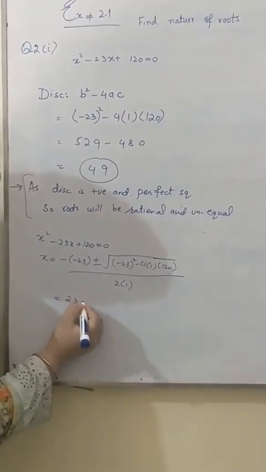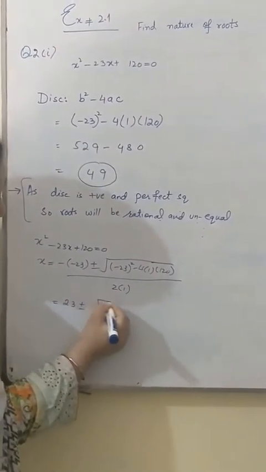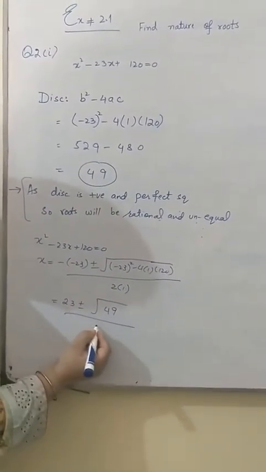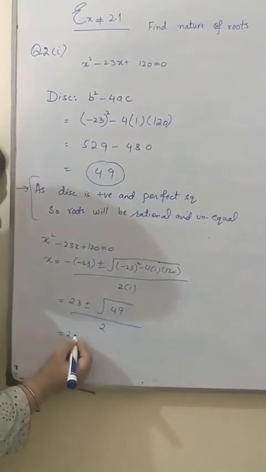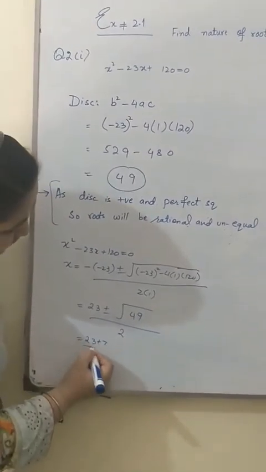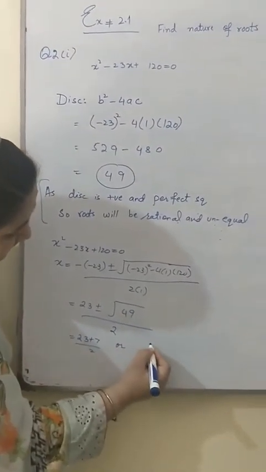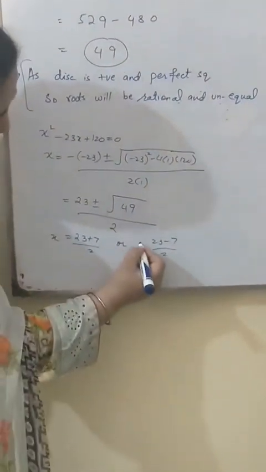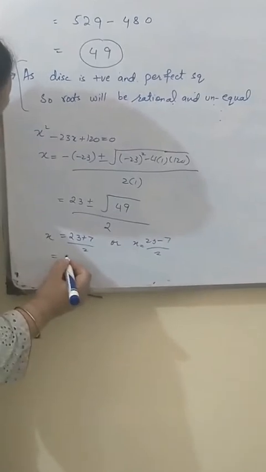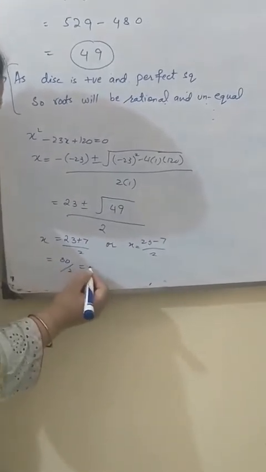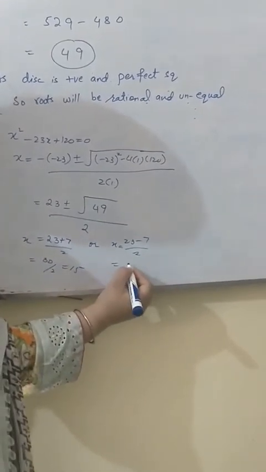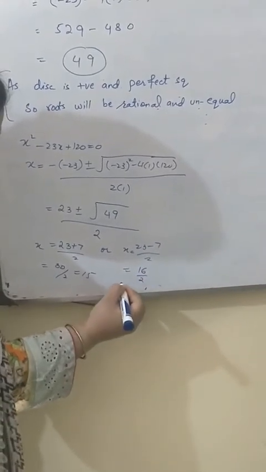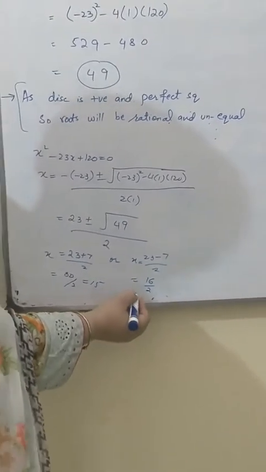So 23 plus minus, we have solved this and the answer was 49, over 2. So 23 plus 7 over 2 or 23 minus 7 over 2. X is equal to 30 over 2, which is 15, and 16 over 2, which is 8.